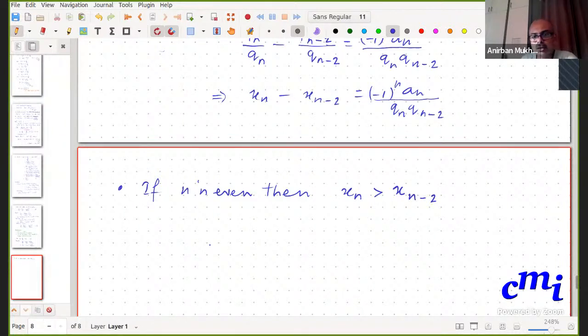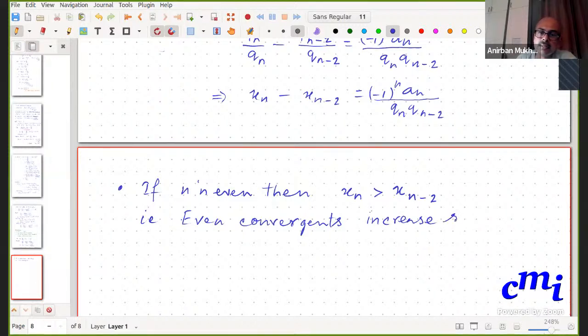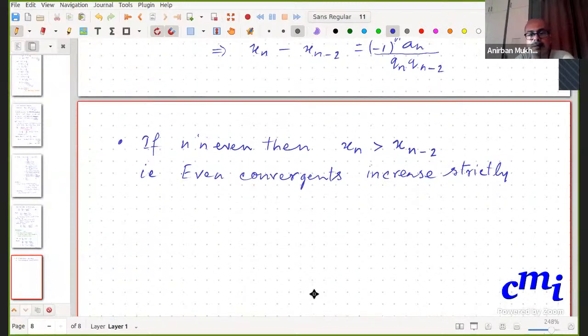And n is even, so all these even convergents increase strictly.